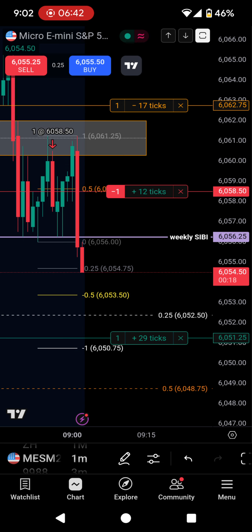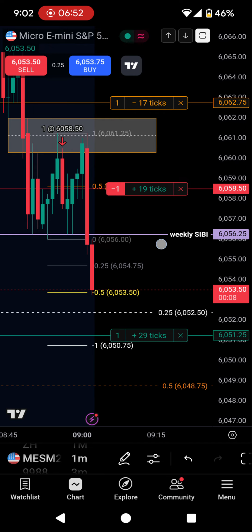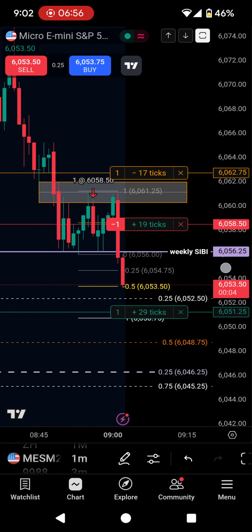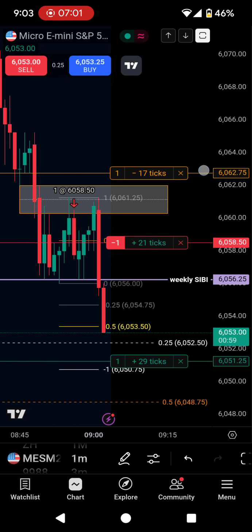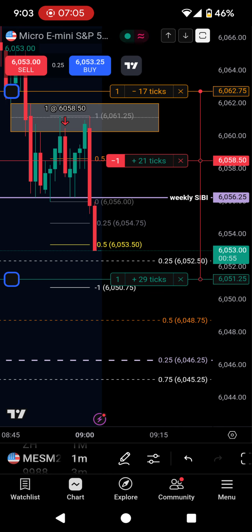At this point of time, I really don't expect price to trade up back into here, okay? So nice seeing how price is reacting right now. I would have entered this trade on my live account if I was in front of the charts right now, but nevertheless, it's okay.